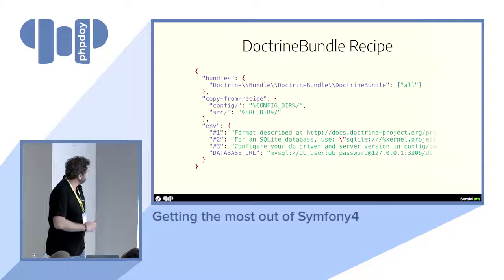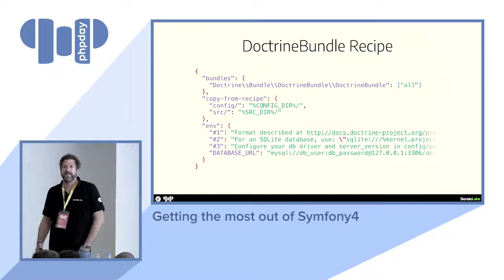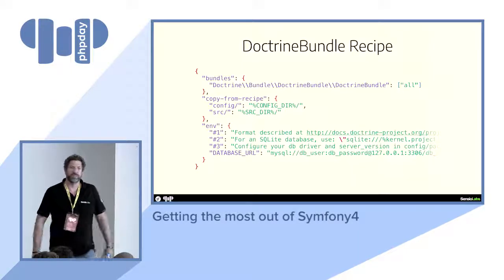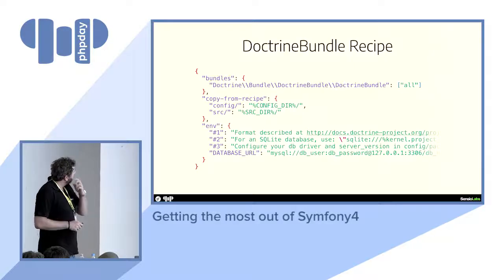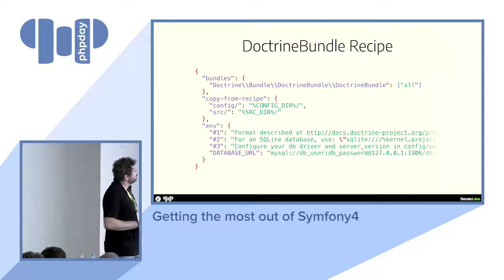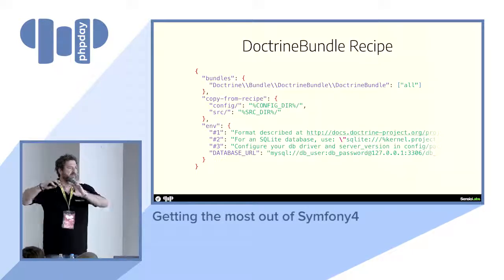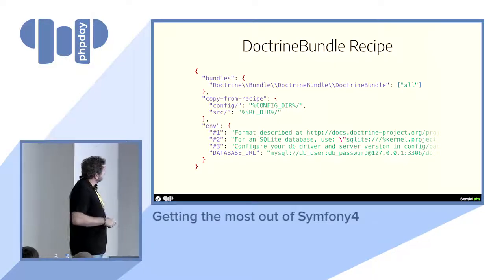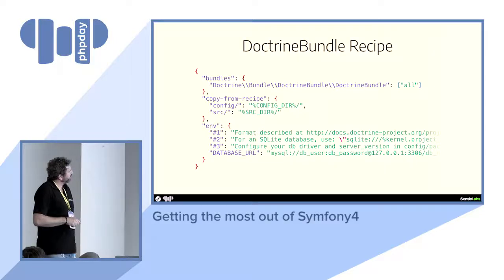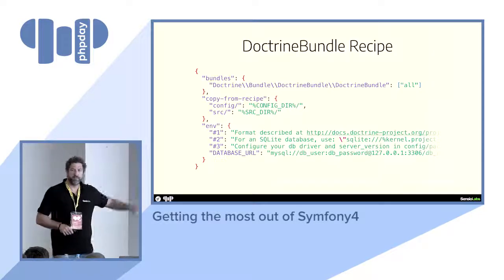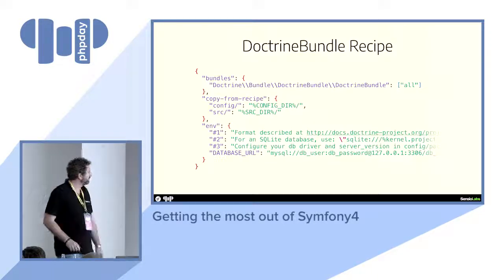Because the manifest.json describes what Flex is supposed to do after installation. So it knows that it needs to add the Doctrine bundle to the bundle registry, so it activates this bundle. Basically, that's what was formerly done manually in registerBundles in the kernel. And then it can copy from the recipe the config directory and the source directory. Those are these that we've just seen.